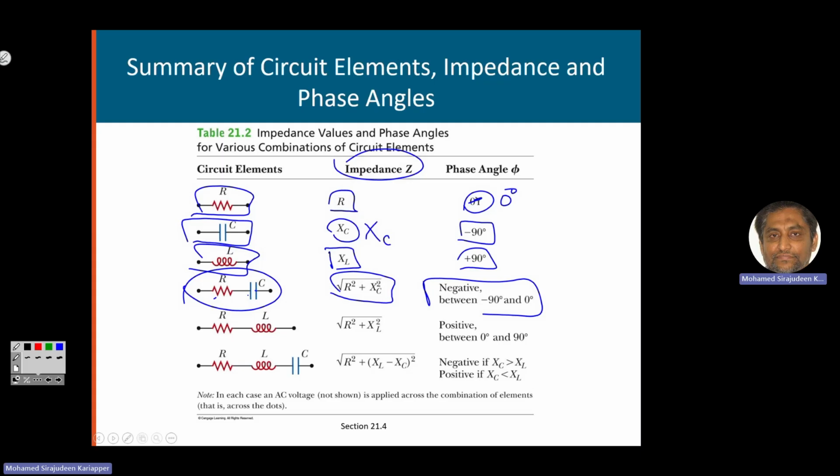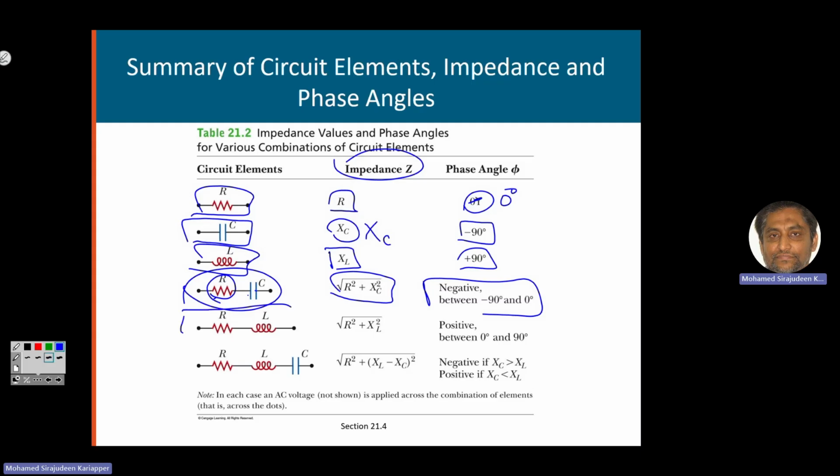It would be negative 90 if there is no resistor, but we have both a resistor and a capacitor. So it will be pushed toward the positive, a little bit less negative. So it will be something between minus 90 and 0.